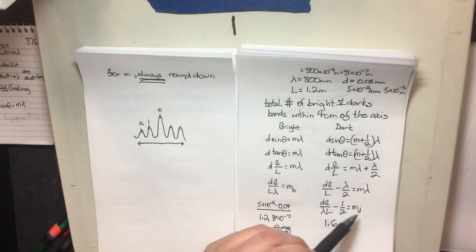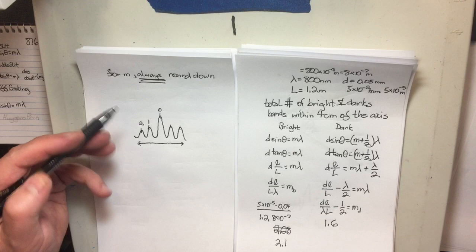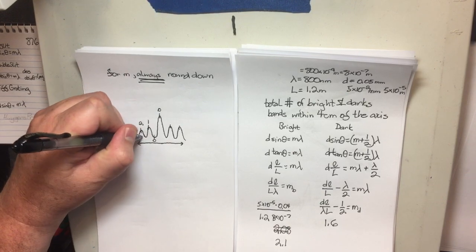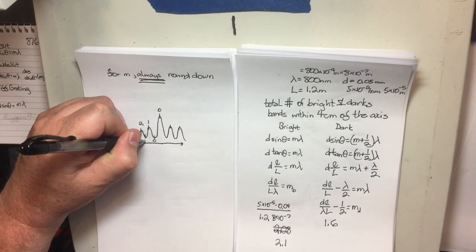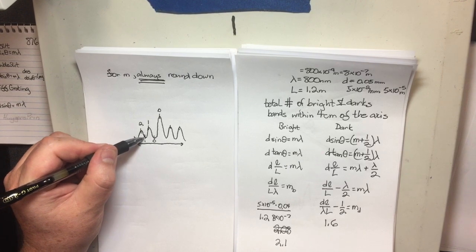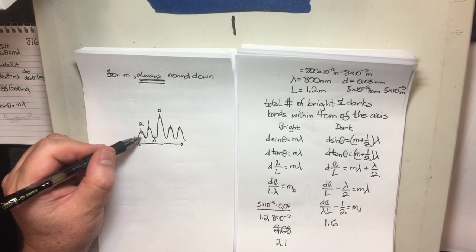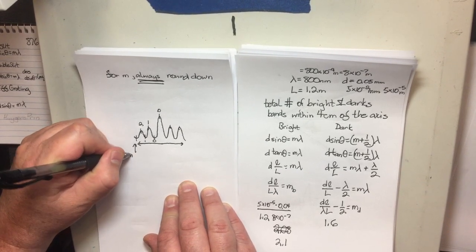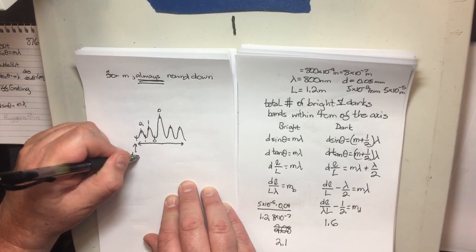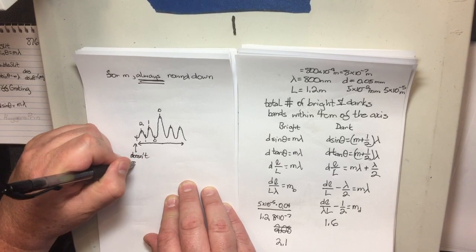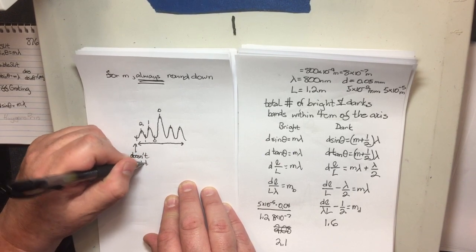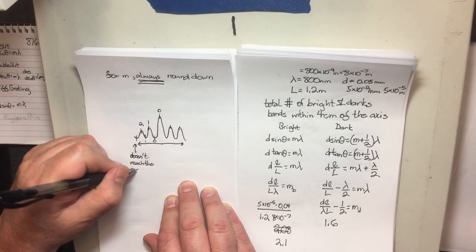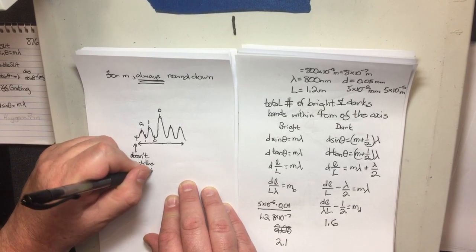For little m, or m sub dark, it's beyond the first m equals 1 dark band, but it doesn't reach the m equals 2 minima.